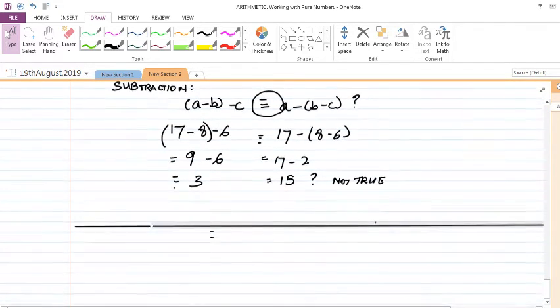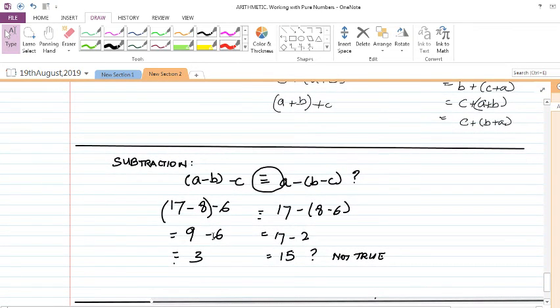Okay, so looking at subtraction, we see it's not true. So you know that we can't trust that.